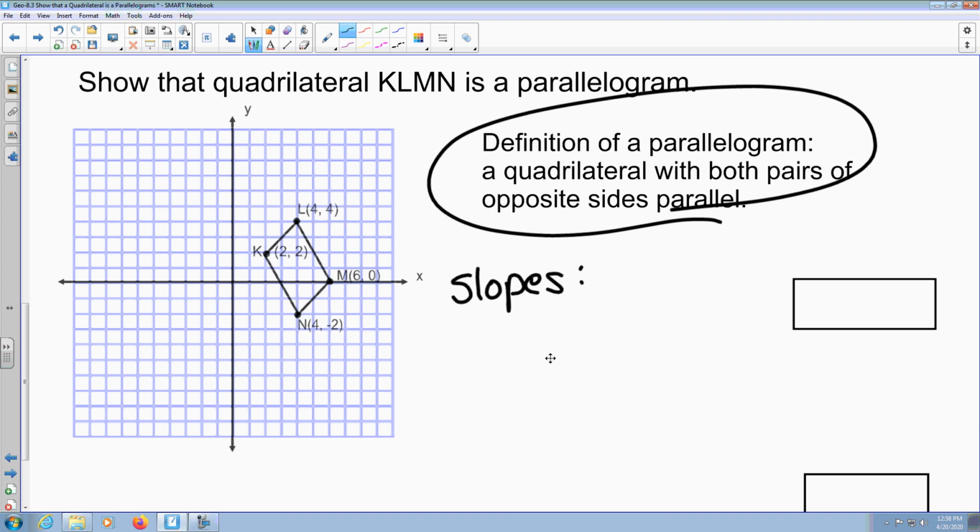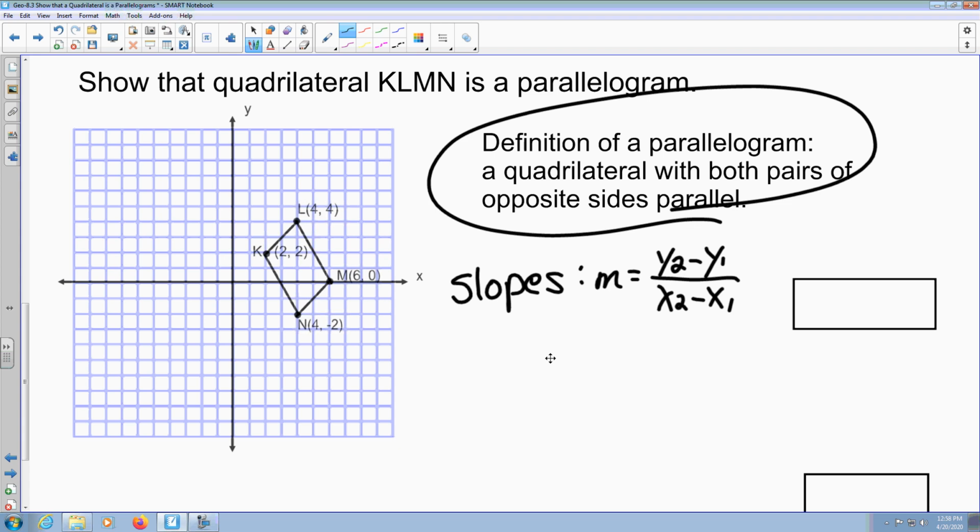If you remember how to find slopes, you could just count the rise over run on the graph, since we were given a graph. But if you weren't and you were just given a series of ordered pairs, you can use the formula for slope, which is m equals y2 minus y1 over x2 minus x1.